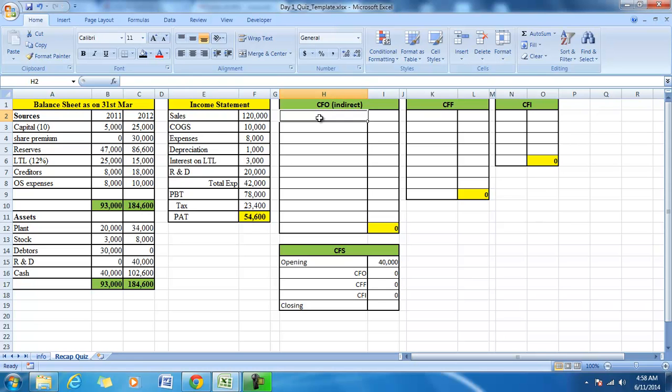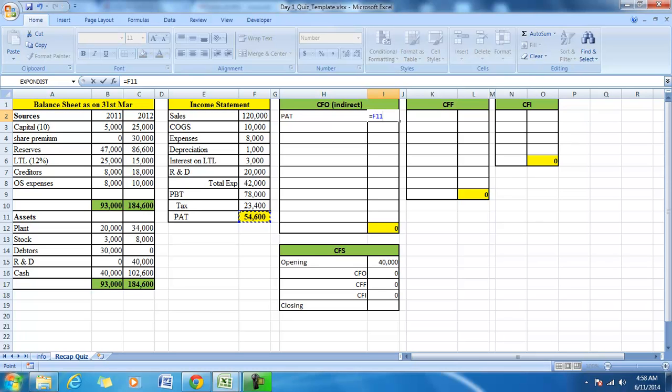So therefore we'll pick up the PAT here. PAT in this case is 54,600.